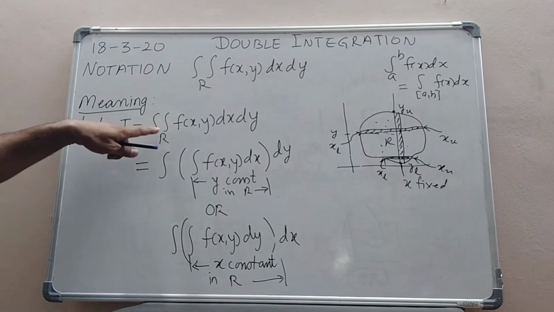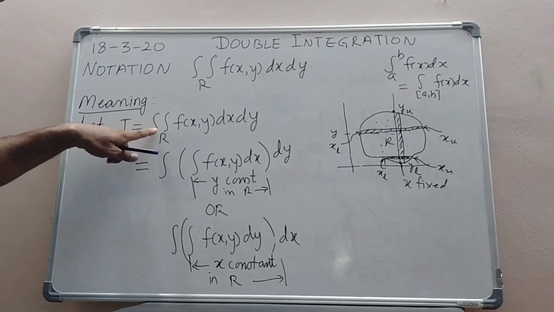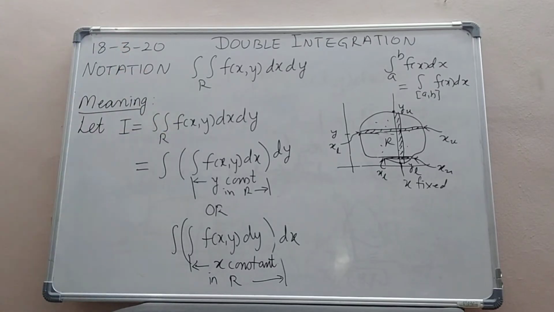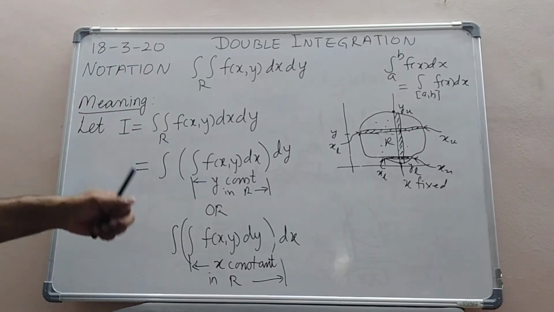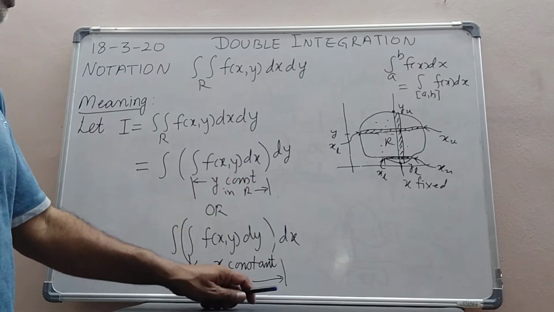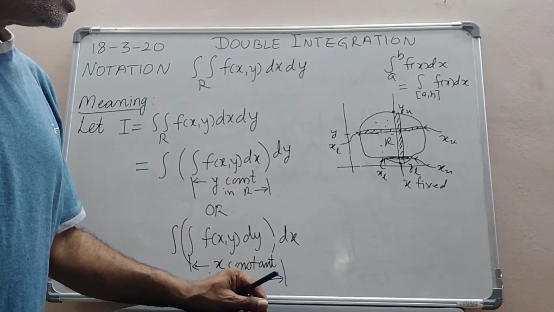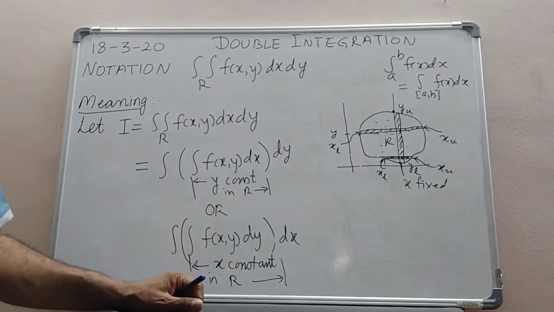And what is the meaning of this particular symbol? You're supposed to integrate over all values of R. So what we have accomplished is integration over a thin strip. Integration over other points remain.